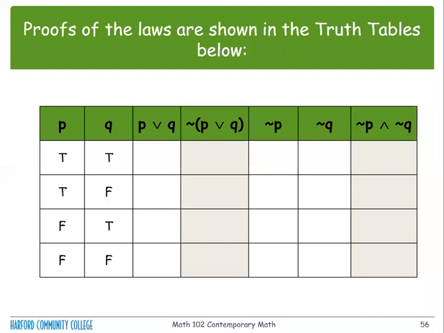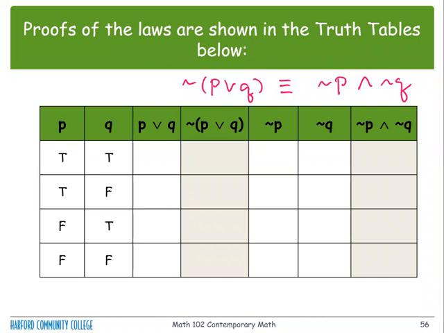Next, we are going to prove the laws on the table. What we are going to show is that the statement not (P or Q), the negation of P or Q, is equivalent to not P and not Q by using the truth table. From the table, you can see the two highlighted columns; what we're going to show is that the result is the same case by case, to show the equivalence of the compound statements.